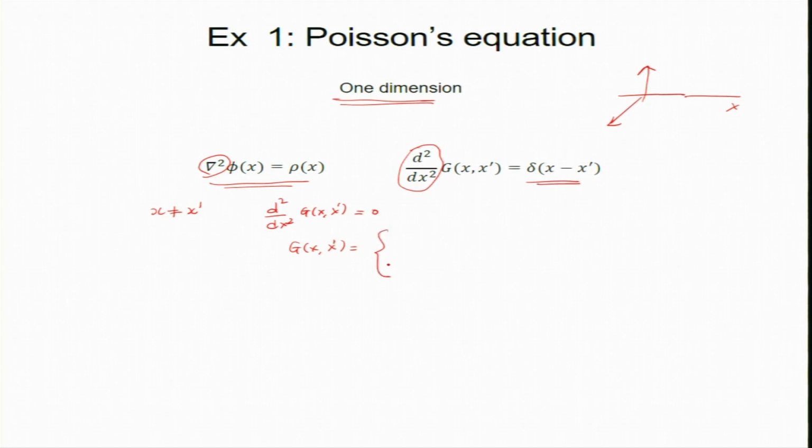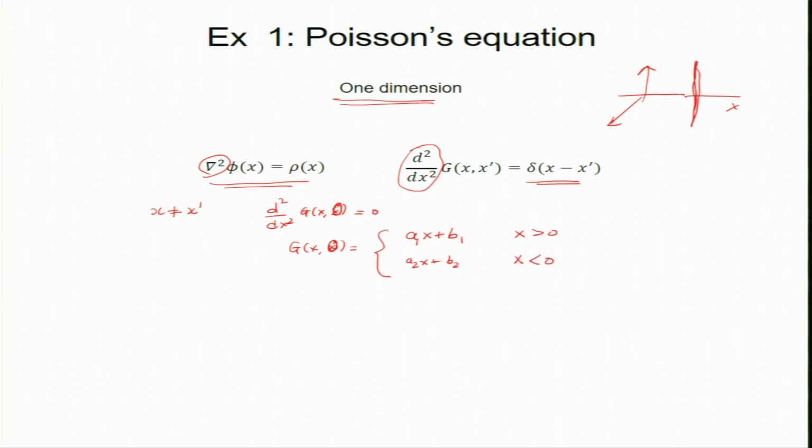Let us put x prime equal to 0; my source is at x equal to 0. In fact, it is a plate. The second derivative is 0, so it is linear: a1 x plus b1 for x greater than 0. The solution for x less than 0 can be different, because there is a delta function sitting there. So, let us choose a2 x plus b2 for x less than 0.